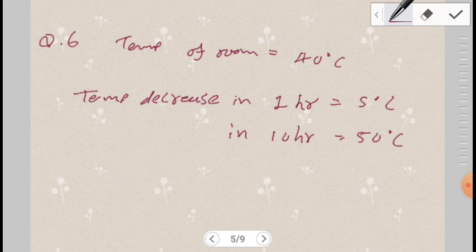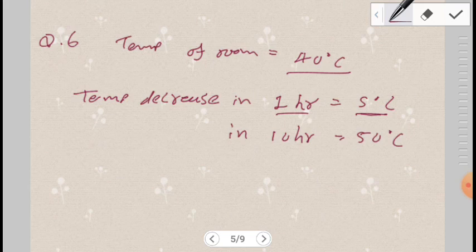That means the present temperature is 40 degrees Celsius and I need to decrease the temperature at a rate of 5 degrees Celsius every hour. And I will repeat this process till 10 hours. That means up to 10 hours I will decrease the temperature at intervals of 5 degrees Celsius every 1 hour.